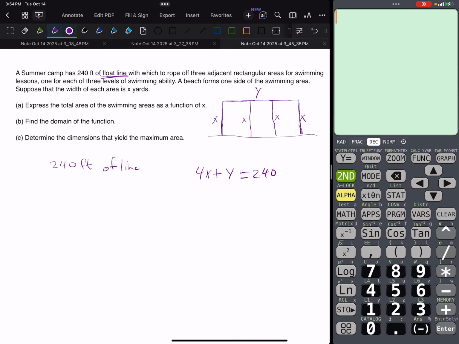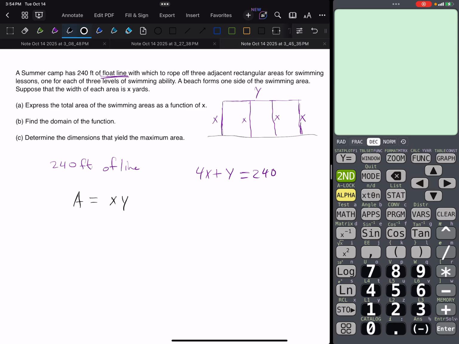Now, the total area of the swimming pool, the total area of all of that, well, that's just length times width, right? Or in our case, x times y will give us that area. And so that area equals x times y. But we want total area as a function of x and x alone.